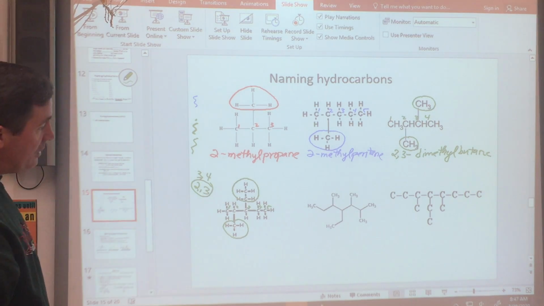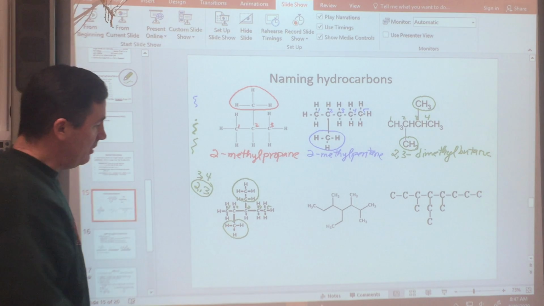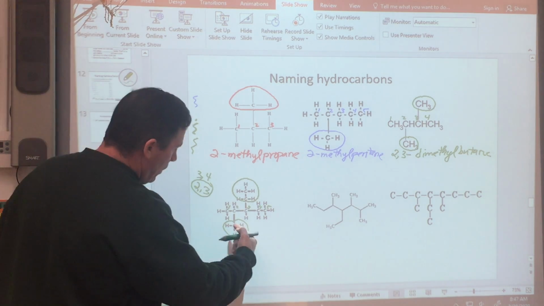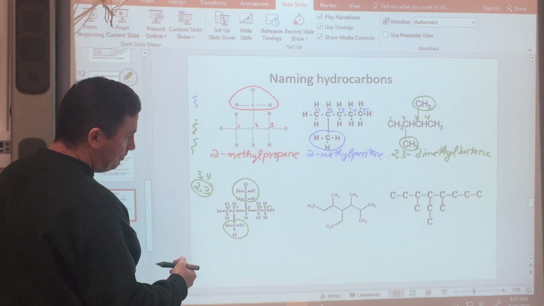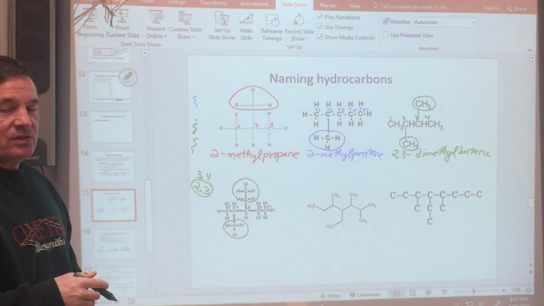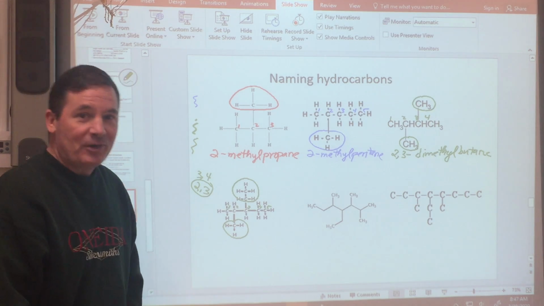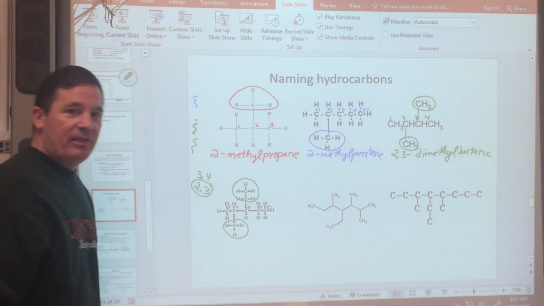Now this one is also slightly different because I've got 2 different substituents here. I only have a minute, and then I'm going to have to make another video, I think. So, here's the other part that goes with this. When you have 2 different substituents, you then have to put them in alphabetical order. So I've got a methyl here and an ethyl there.